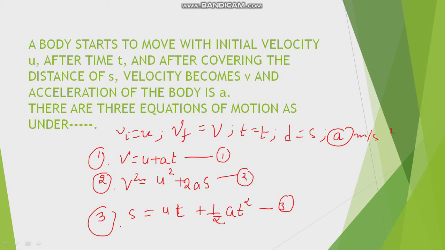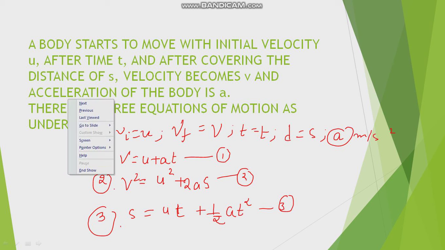They can ask which of the following is not an equation of motion, so please learn these equations by heart and understand the relation between the quantities. To recap: v equals u plus at, v squared equals u squared plus 2as, and s equals ut plus half at squared.